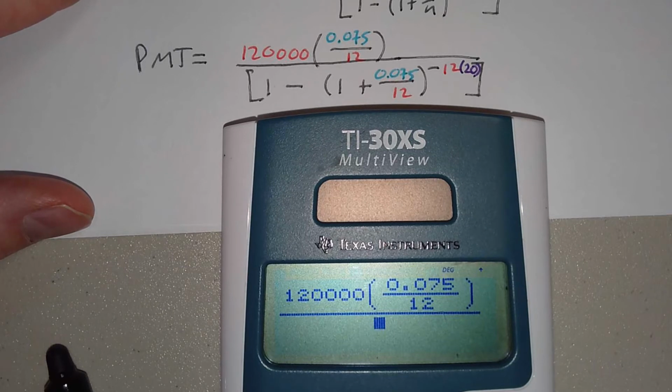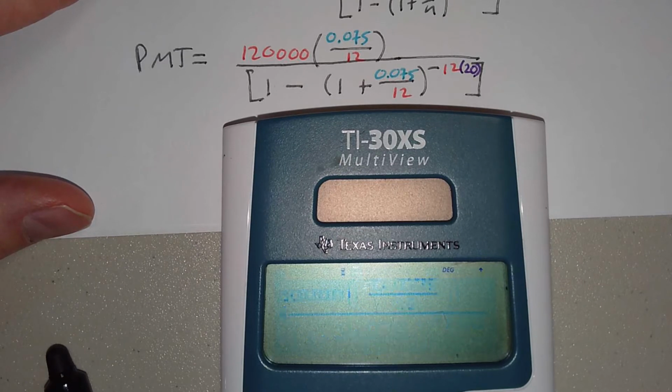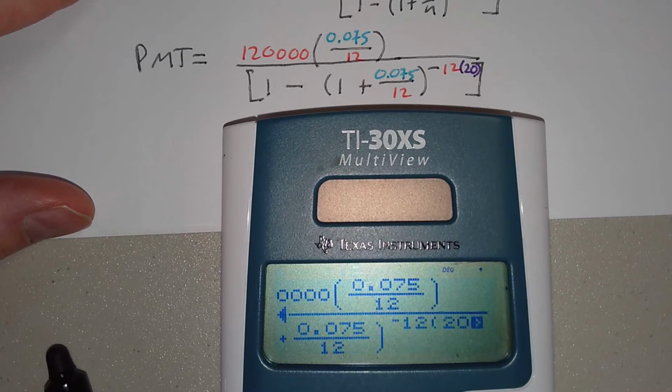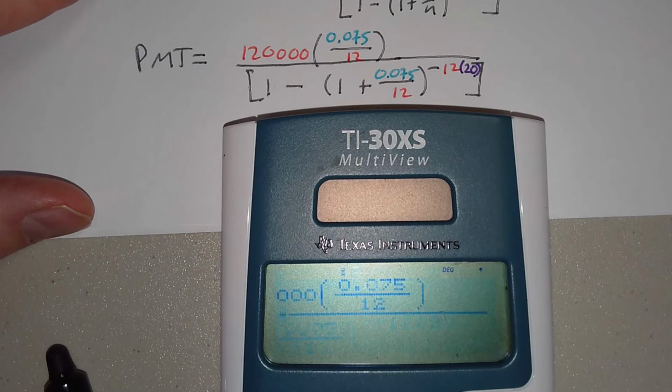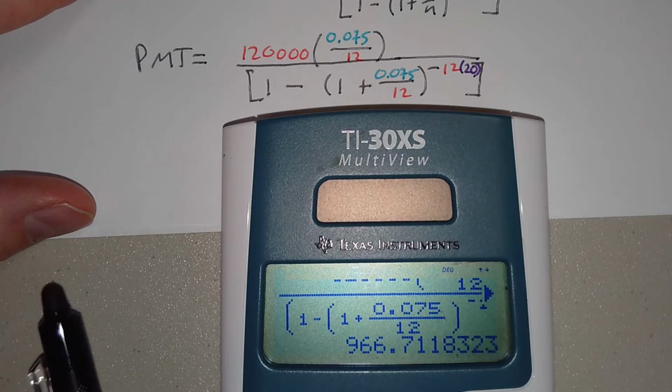Go to the bottom, parentheses 1 minus, parentheses 1 plus, fraction key 0.075 over 12, right arrow, close it off, and then we're raising that to the negative 12 times 20. And that would give us $966.71.